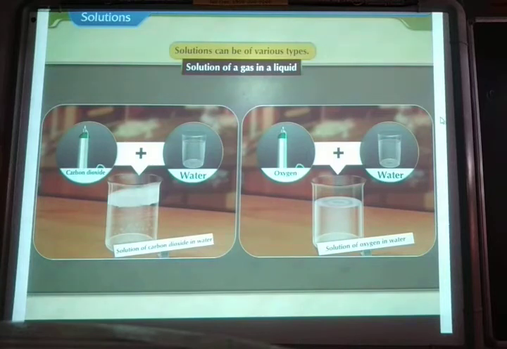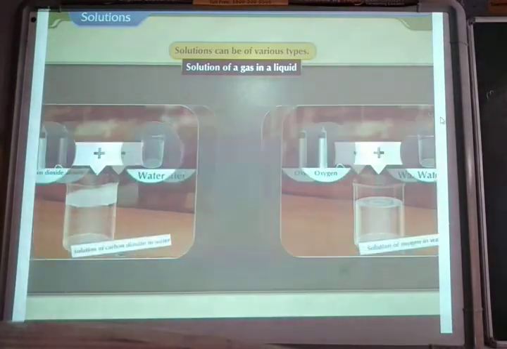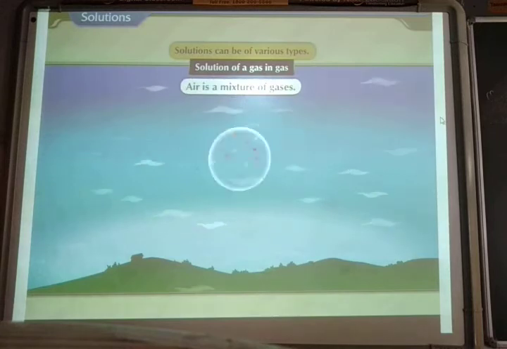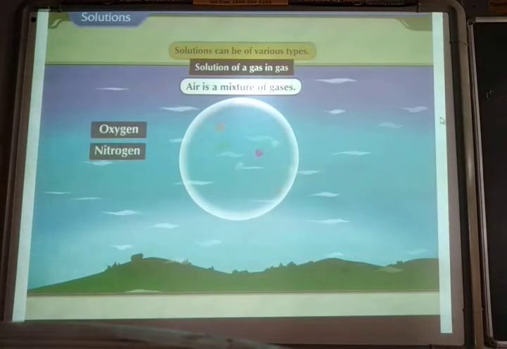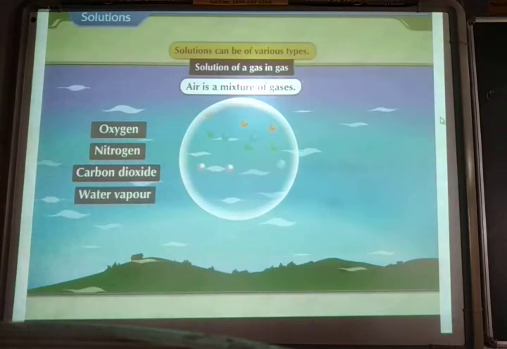Oxygen or any gas dissolved in water is a gas in liquid type of solution. Solution of gas in gas. Air is a mixture of gases like oxygen, nitrogen, carbon dioxide, water vapor, etc.